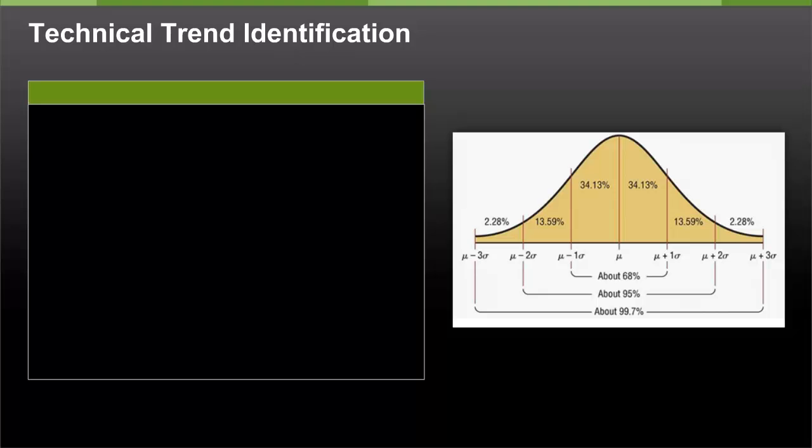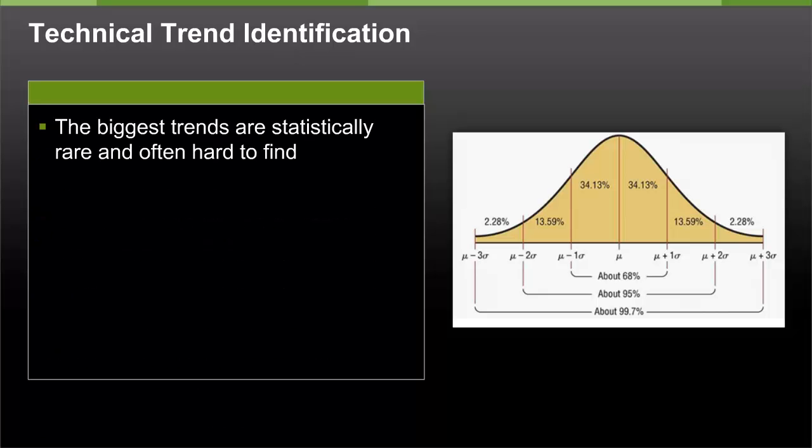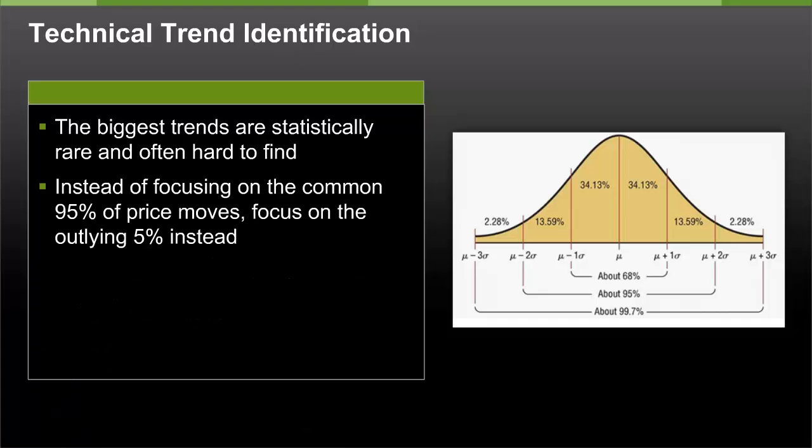Coming back to the charts here, a lot of what we're talking about is looking for the rare trends, the trends that aren't supposed to be happening, the biggest trends that the model says most of the time shouldn't exist. These are the more-than-2-deviation moves outside of that 2 deviation boundary.